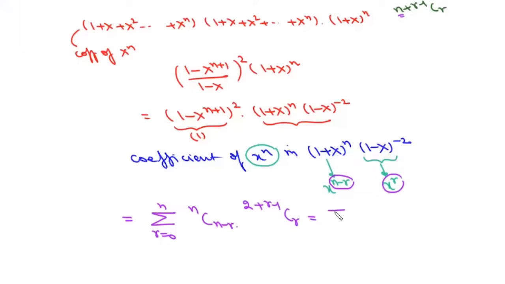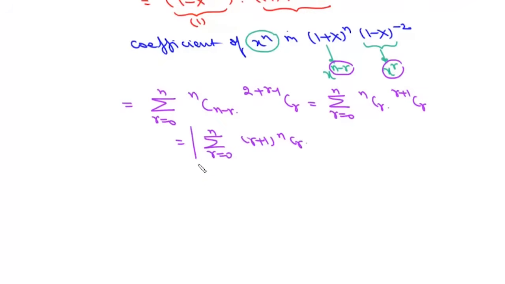So we can write this as this summation, r varies from 0 to n. Now nC(n minus r) is the same as nCr, into, and this is r plus 1 Cr. Now r plus 1 Cr is r plus 1 C1. So we can write this as this summation, r varies from 0 to n, r plus 1 into nCr.